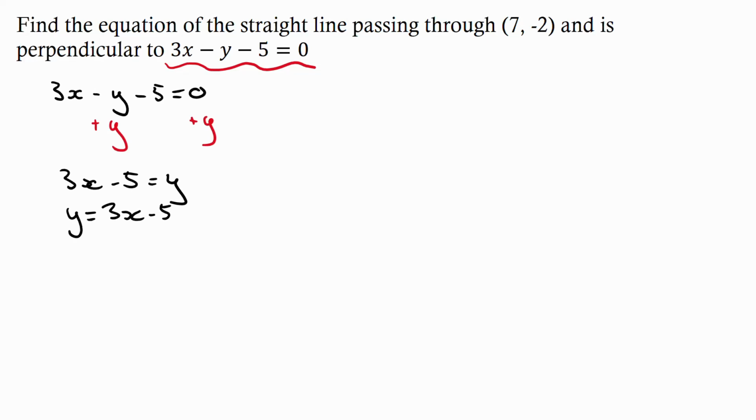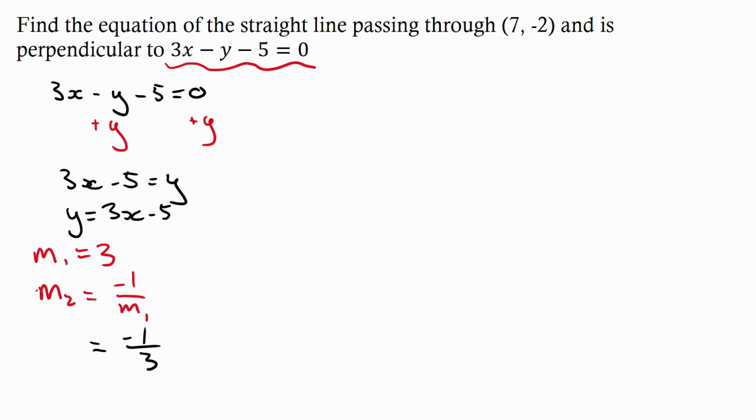So I know that my m1 here is going to be 3, and it's perpendicular, so if I'm trying to find m2, it's going to be negative 1 over m1. So the gradient of the line we're trying to find is negative 1 over 3.